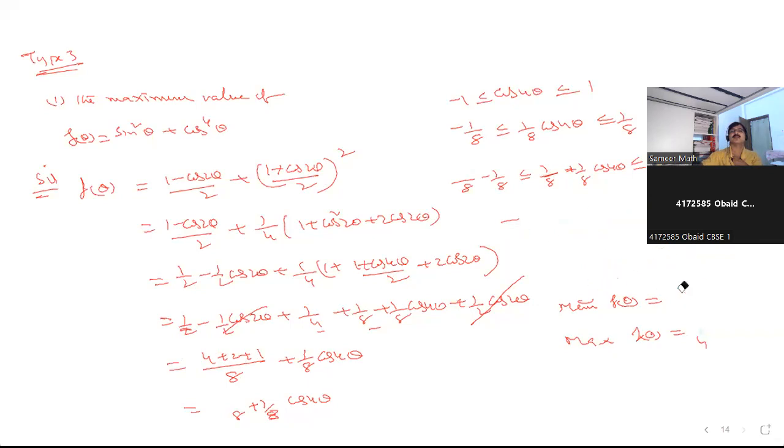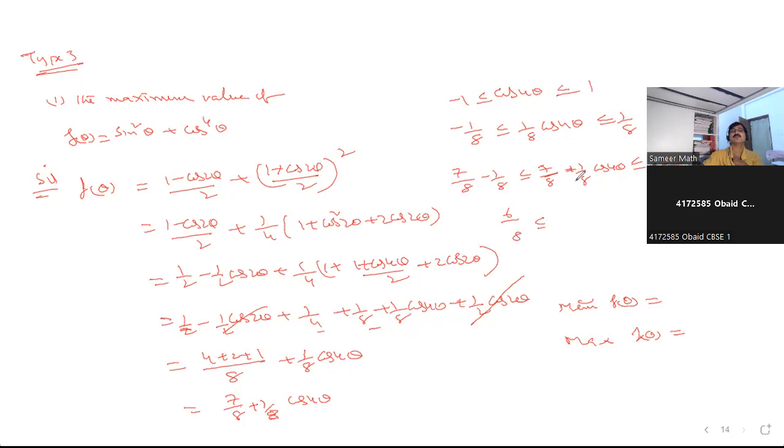Just give me a space so that I can do it once again. This is not 7 by 8, so you can write 1 by 8 here. Of course this is correct, but we are adding not 9 by 8 but 7 by 8. If you add 7 by 8, it is 6 by 8.